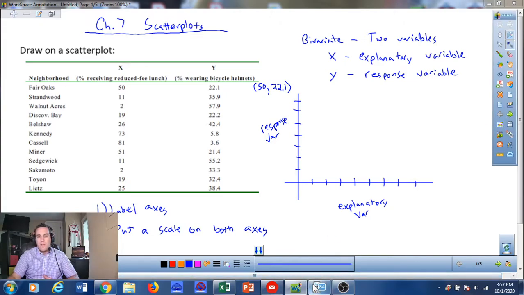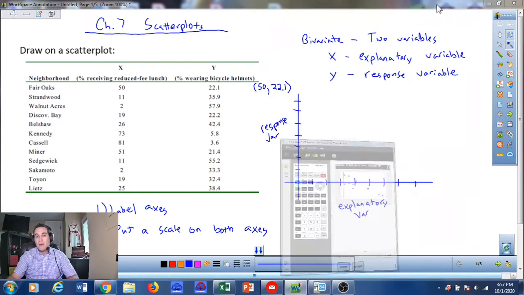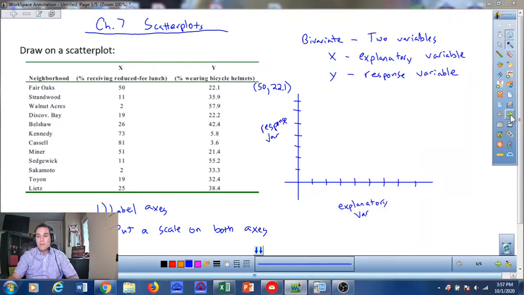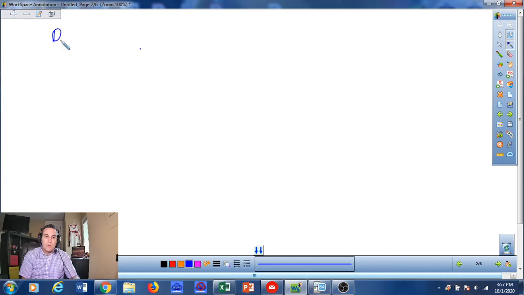How do I describe this scatter plot? There are 4 things you need to describe on a scatter plot. Let me go to another page. Here are the 4 things you need to describe. Describing scatter plots.